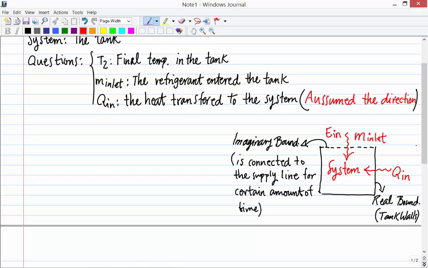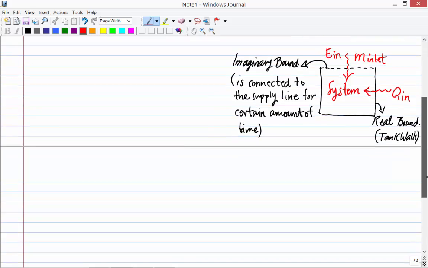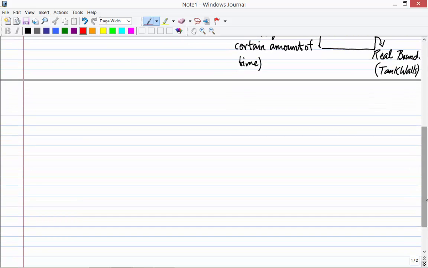Before the definitions, let's talk about our famous summary table. We can define 2 points in this example. Point one, which is the initial state, when the refrigerant is at 14 degrees C. Then we open the valve, a process is going on, and then we close it. Now it's point two, which is the final state.